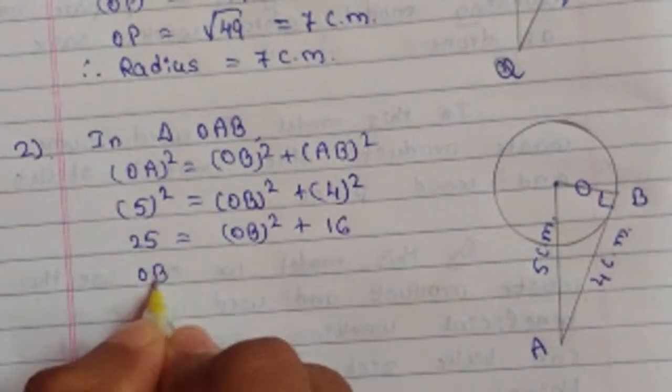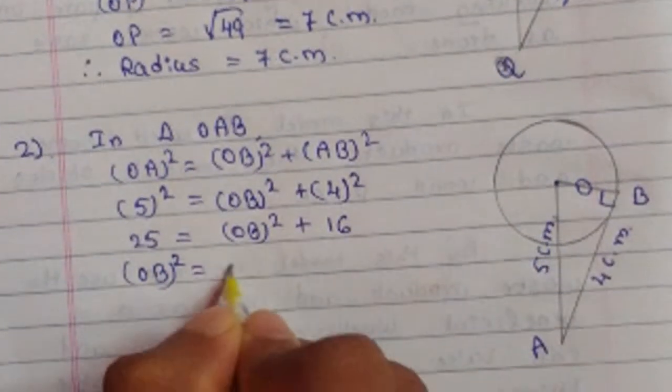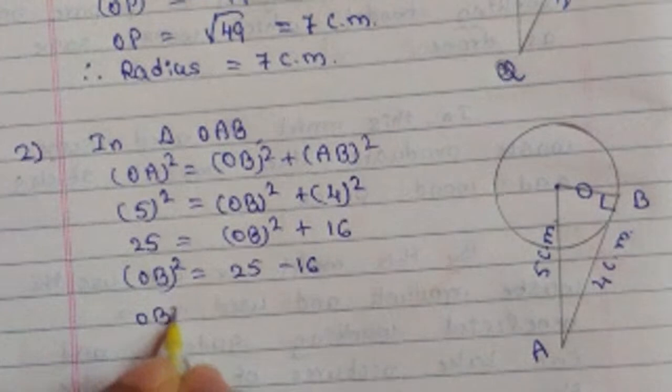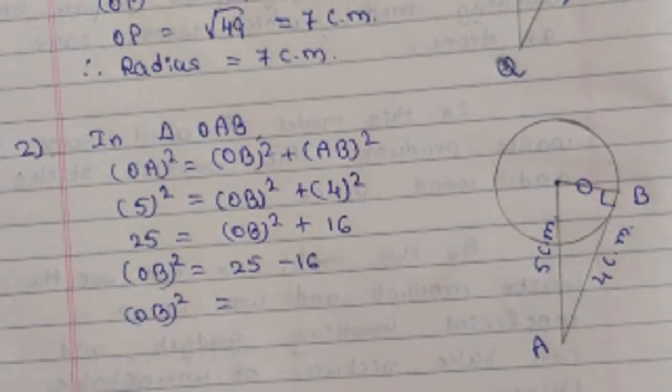After rearranging, OB square is equal to 25 minus 16. What is OB square equal to? Comment your answer fast.